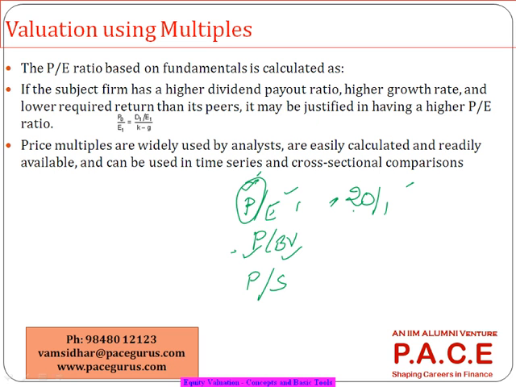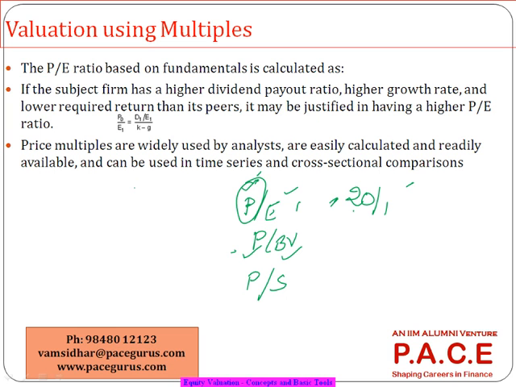So if the P by E ratio keeps going up and up, it's an indication that for every 50 rupees I am spending, the company is generating 1 rupee profit, which means hardly 2% is the profit, which means that company shares are not that worth buying compared to some other company whose P by E ratio is 5. Which means for every 5 rupees which I am spending, the company is generating a profit of 1 rupee. So the higher the P by E ratio, we say that they are overvalued, and if the P by E ratio goes lesser and lesser, they are undervalued securities.